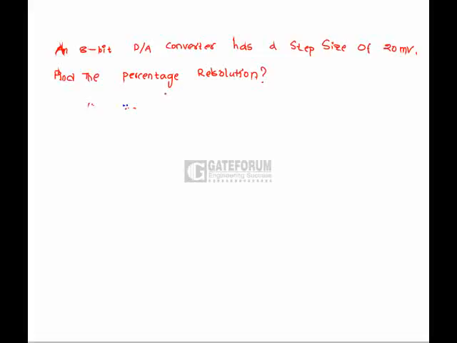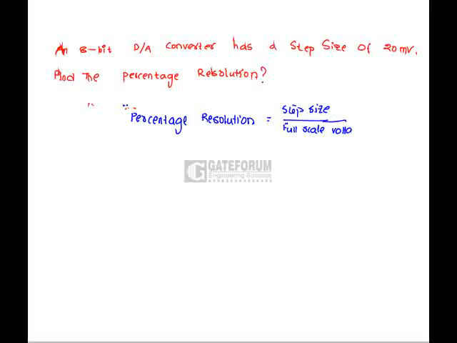An 8-bit D2A converter has a step size of 20 millivolts. Find the percentage resolution. Here percentage resolution is nothing but step size divided by full scale voltage into 100, which is nothing but 1 by 2 power n minus 1 into 100.